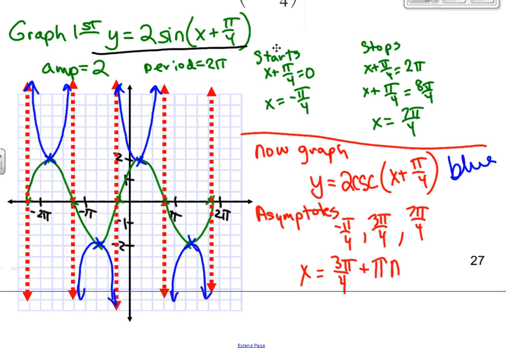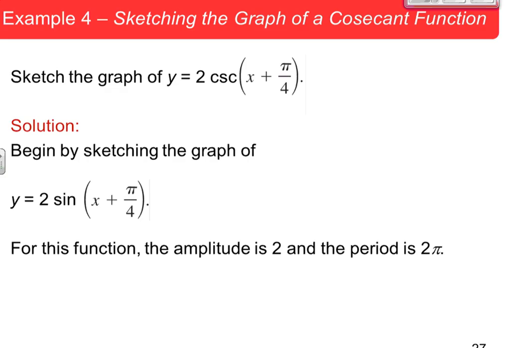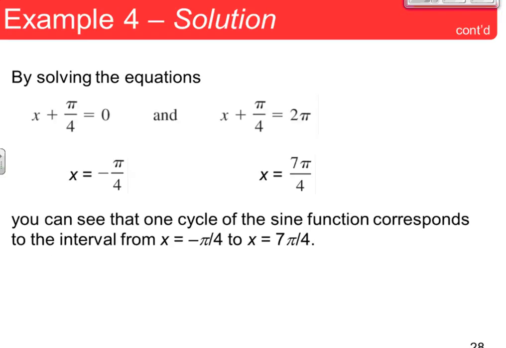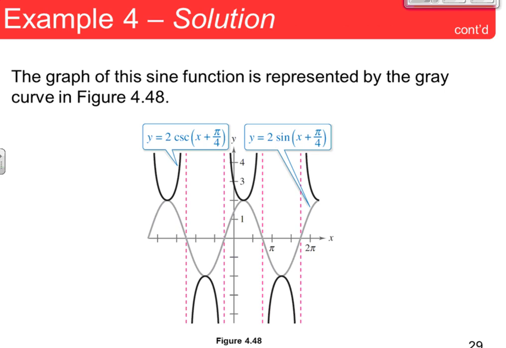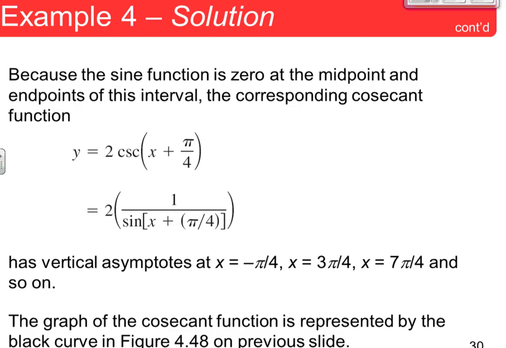So this is a great review of the earlier part of the section, and then doing these reciprocal ones as well. Now, here's that one, and here's the book author's picture of this, very comparable to what we had.